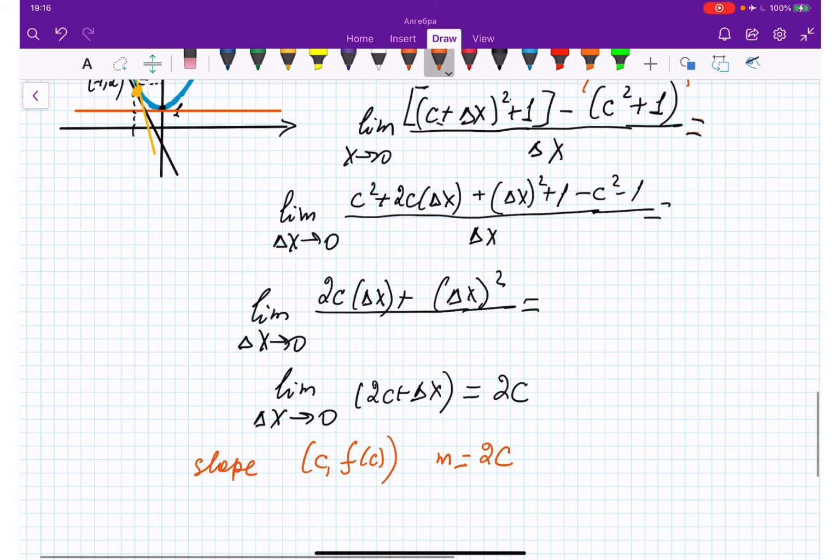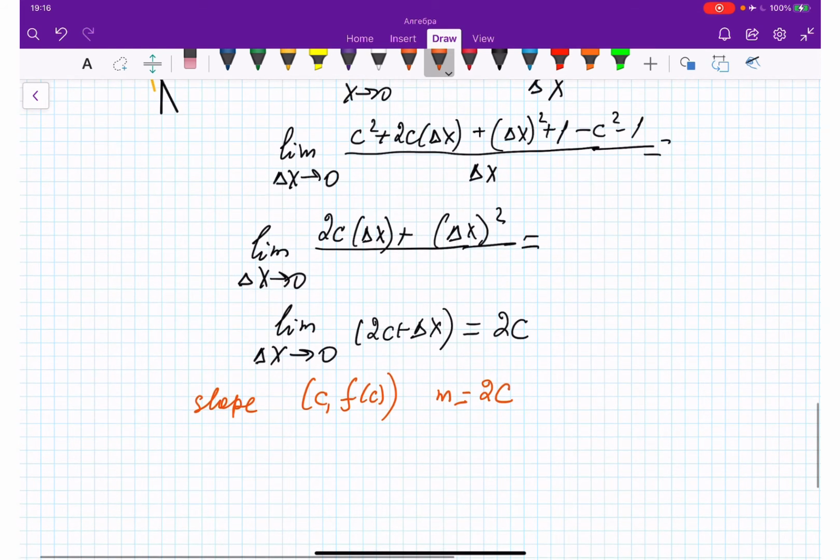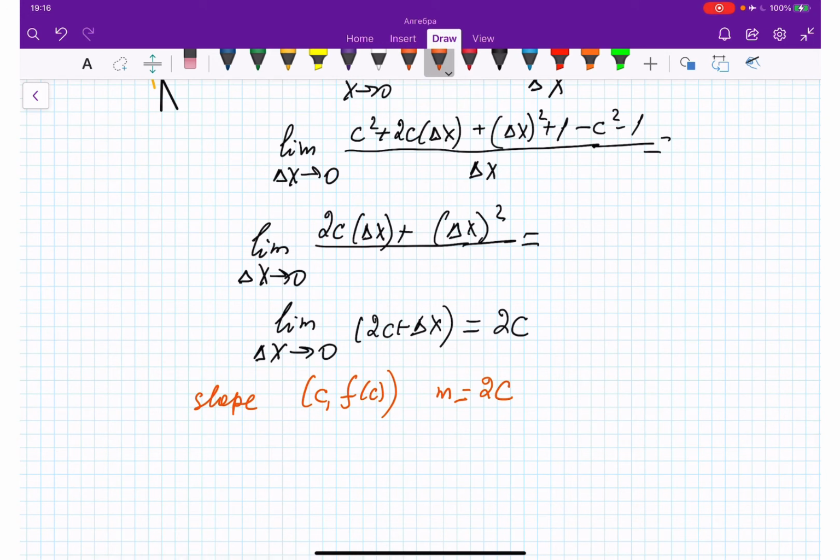So C is going to be x, which is 0 there, right? So at the point 0, 1, m is going to be equal to 2 times 0, which is equal 0.